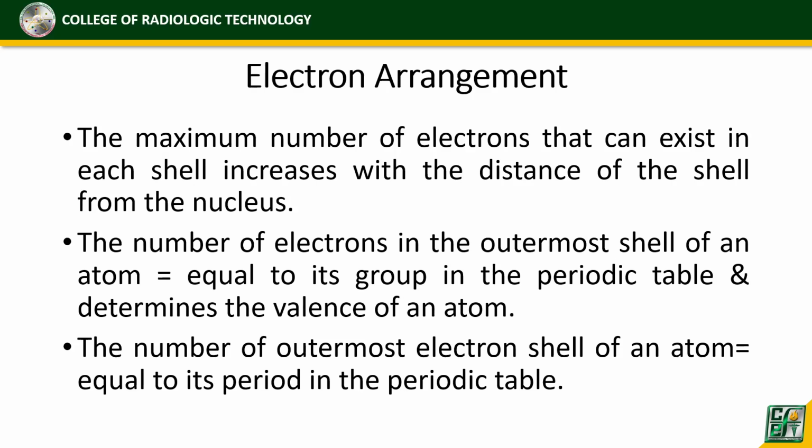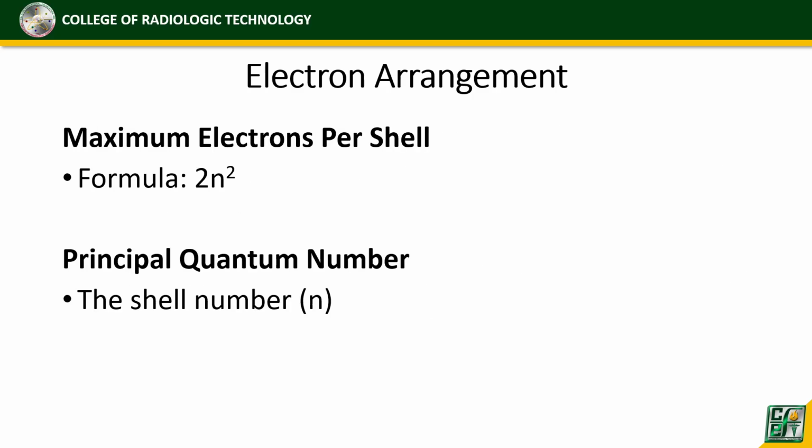So, makikita, according sa electron arrangement, makikita daw sa ating electrons, sa electron arrangement, kung anong family at anong period located yung isang specific element. Okay, so mamaya itatry natin yan.